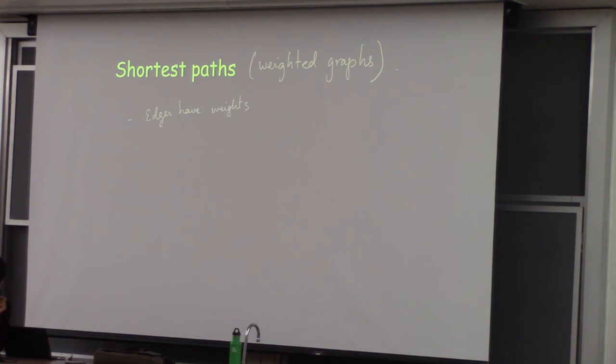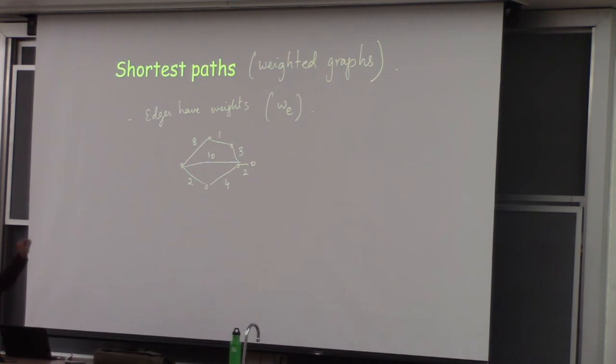Every edge E has some weight W_E. Just to give an example, you could have something like this. This could be the graph.